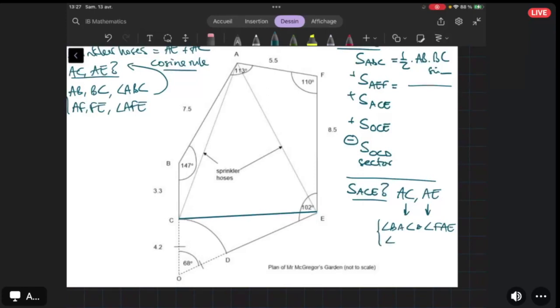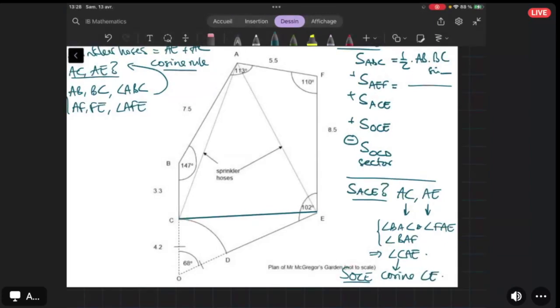We also know the angle BAF. So subtracting them would give you CAE. So that would give you the area of ACE. The area of OCE sounds like, yeah, we probably need cosine rule here. So this guy, cosine, that would give you CE.